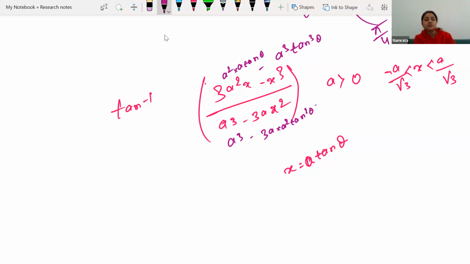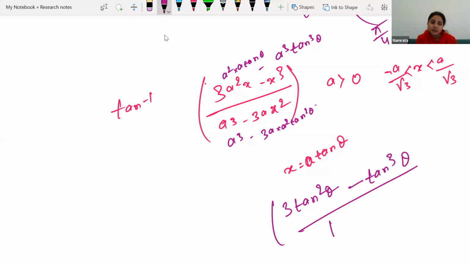A cube we can take out from the numerator and the denominator, that will get cancelled, and it will be 3 tan theta minus tan cube theta over 1 minus 3 tan square theta, which is the formula of tan 3 theta. So we'll be having 3 theta directly from here.